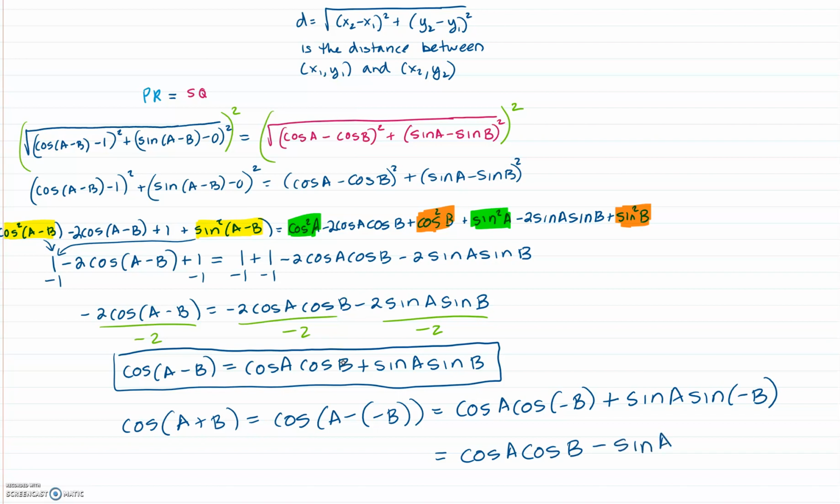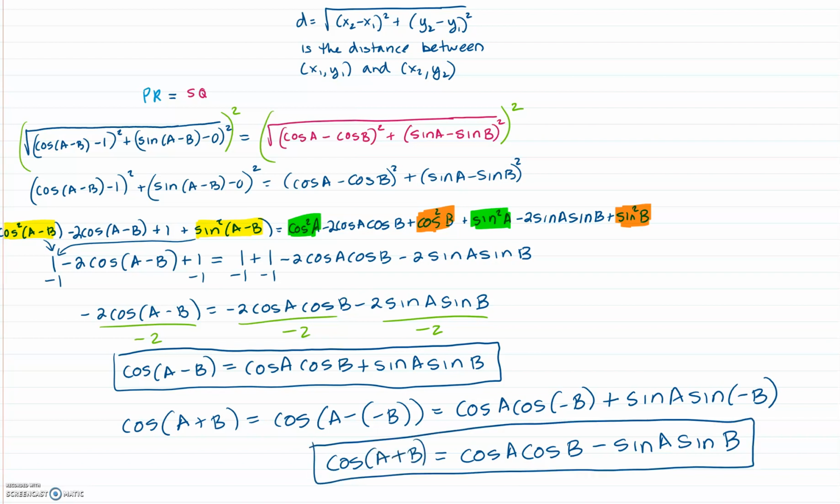Sine is going to be a minus instead of a plus, and you will have, let's write this, cosine of A plus B here, your second formula.